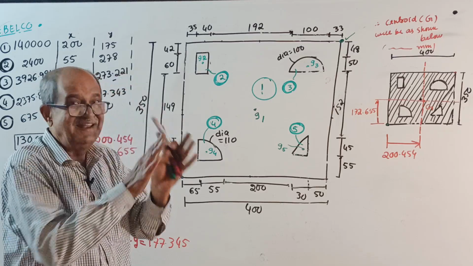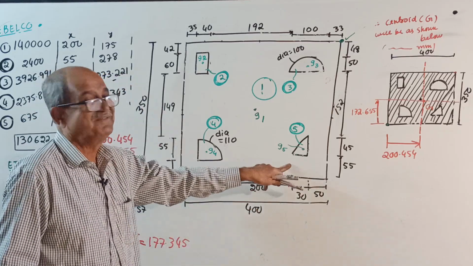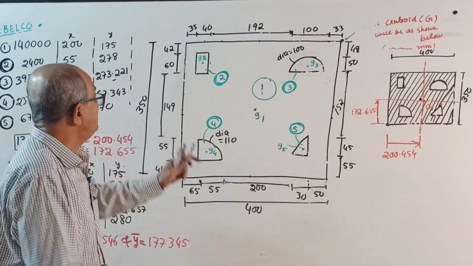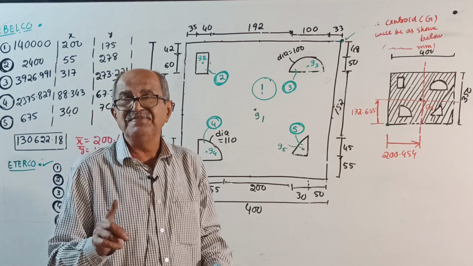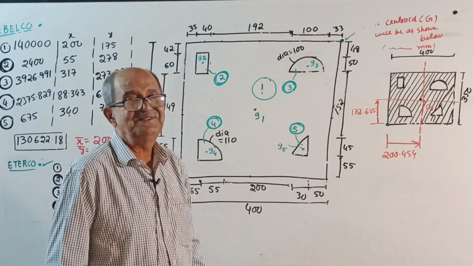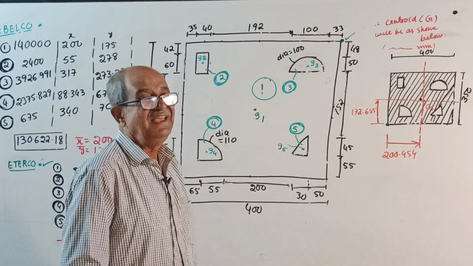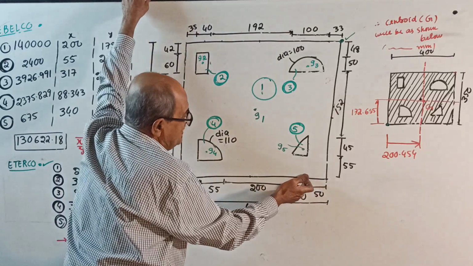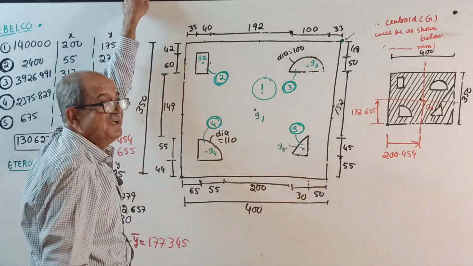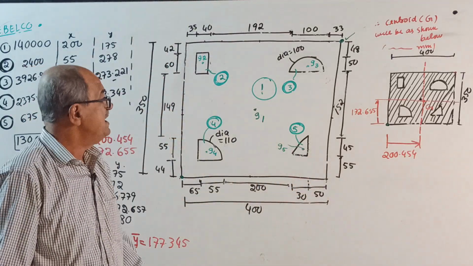If an easy method is there, I will tell. You wait. Sir, directly can do, 350 minus this distance minus 1/3.